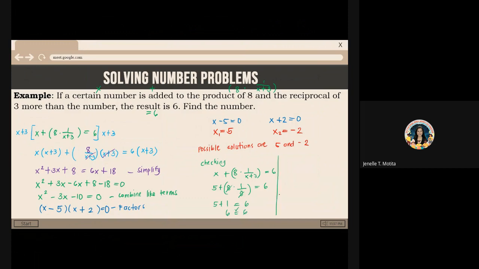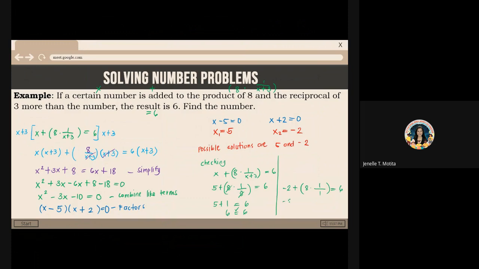Now let's have the second. Let's check if negative 2 is correct as well. So we have here, substitute right away. Negative 2 plus the quantity of 8 times 1 over negative 2 plus 3. Again, negative 2 plus 3, that is positive 1, is equal to 6.